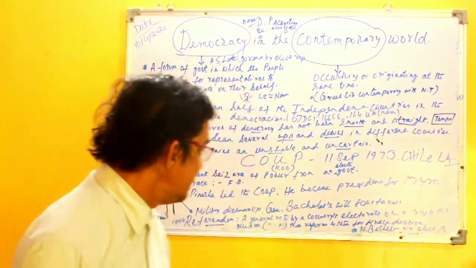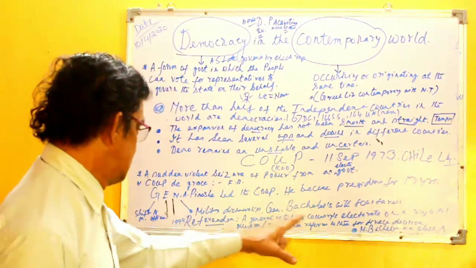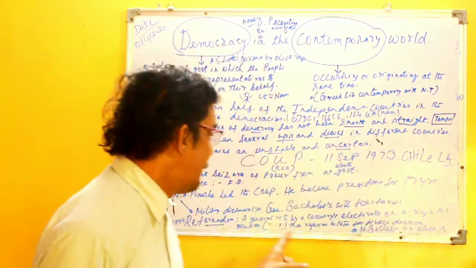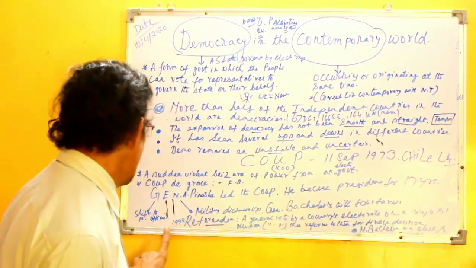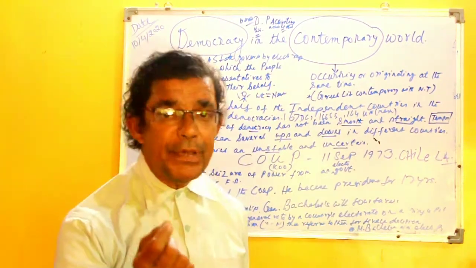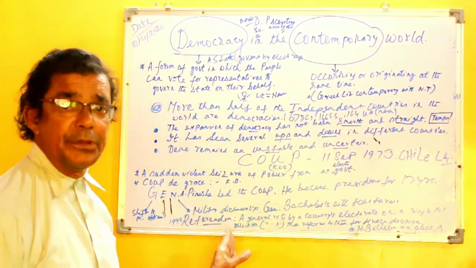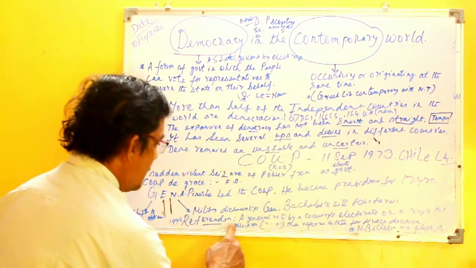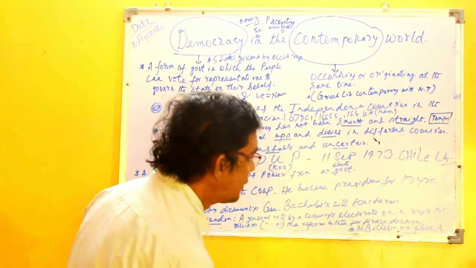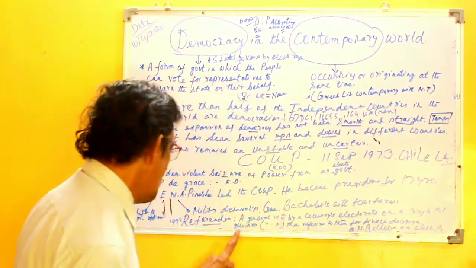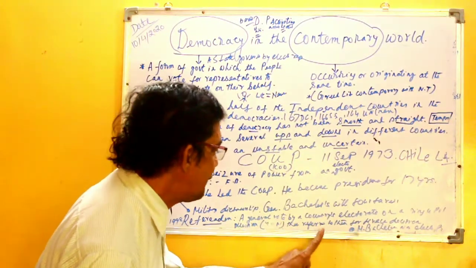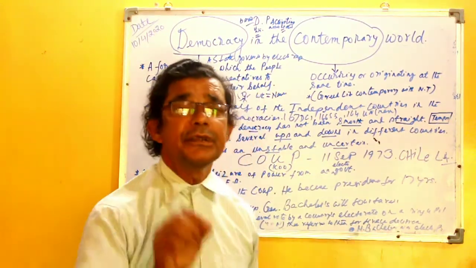Then what happened? General Augusto Pinochet held a referendum in the year 1988. Now, what happens in a referendum? It is very clear. A general vote by a country's electorate on a single political question that is referred to them for decision.